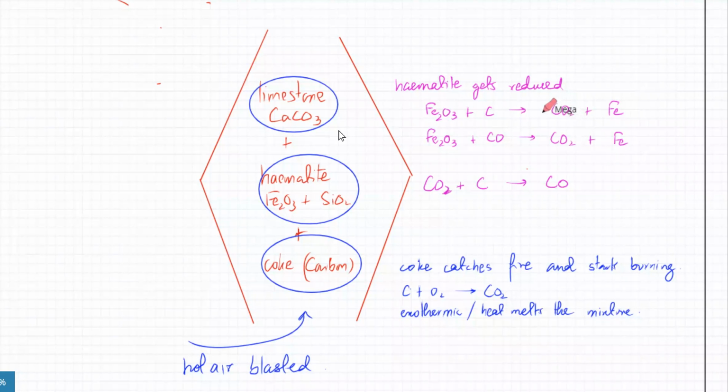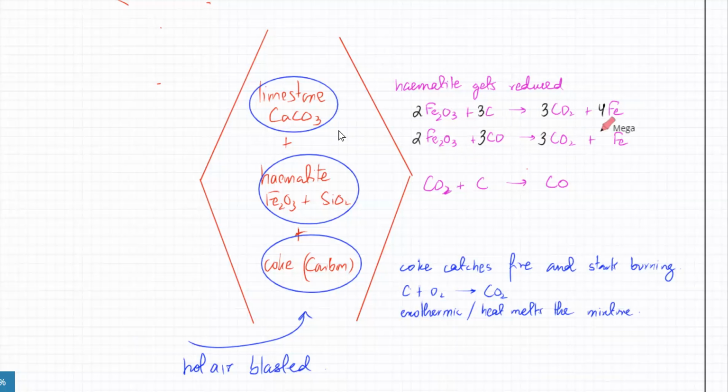So there are two reactions going on. To balance this equation, this should be 2, this would be 4, this would be 3, and this would be 3, I think. To balance the other one, you again make it 6 oxygens: 3 CO, 3 CO2, 2 Fe. Let me quickly check, is the first equation balanced?